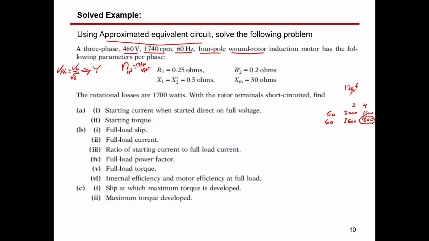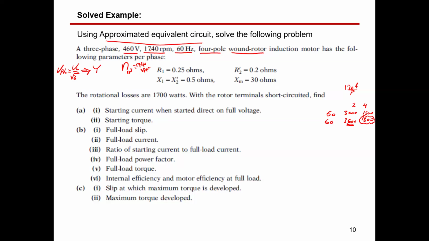Again, in case of 2, the synchronous speed is 3600. The machine can work at 1740 RPM, but this is very low speed, which means we have very high torque, so it's not rated. So the rated speed has to be close enough to the synchronous speed. And it's impossible to be 6 for sure, because with 6 poles, we will have 1200 RPM synchronous speed.